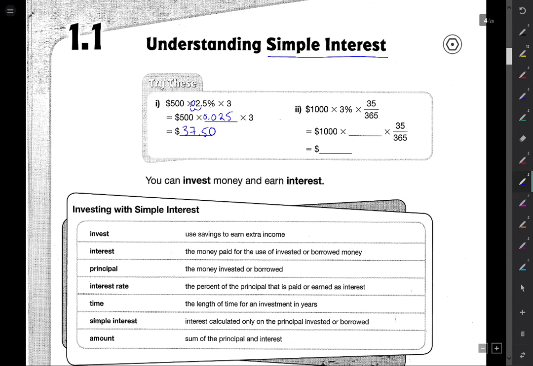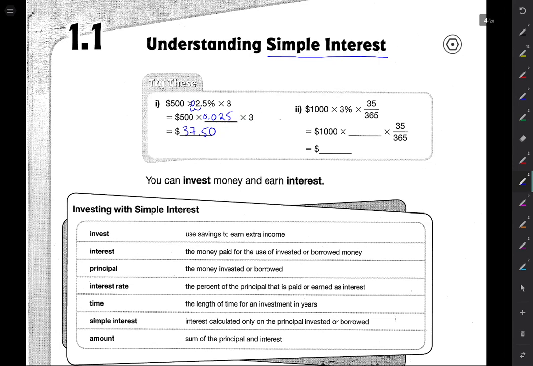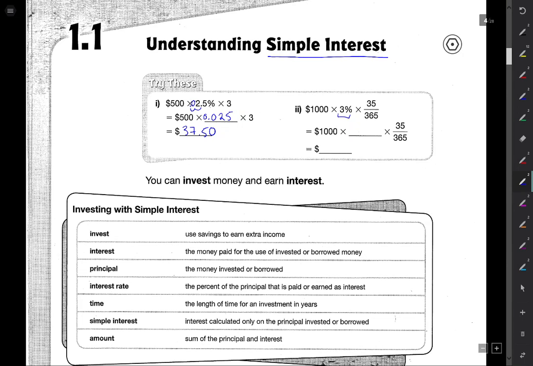So in the next one, we have 1,000 times 3% times 35 over 365. So just remember in this one, again, we're going to convert this to a decimal. So here we'll fill that in. That would be 0.03. And then when you plug this into your calculator, remember that this line means divide.